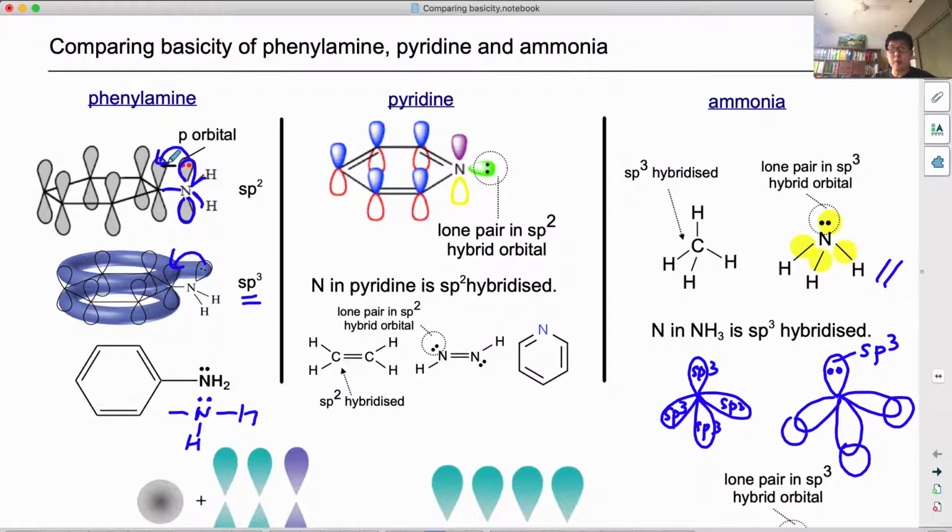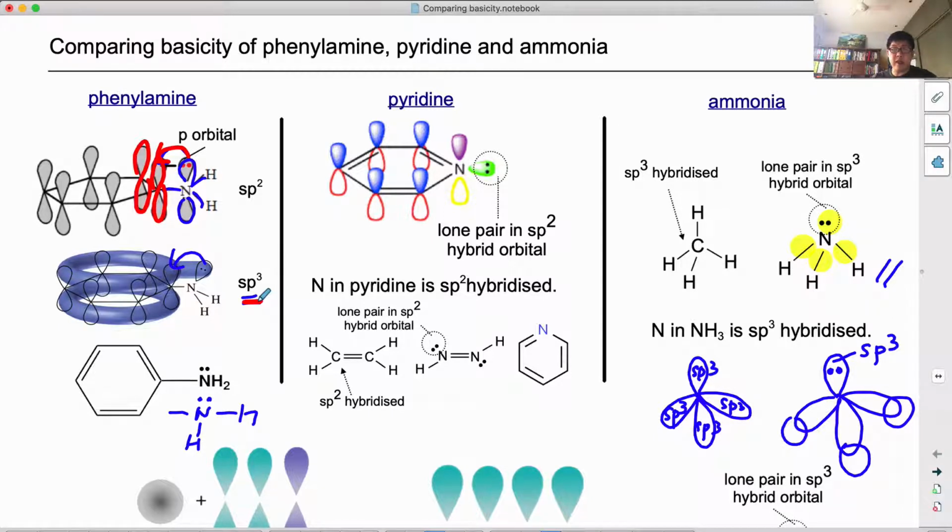If the lone pair is in a p orbital, it is parallel with all the p orbitals of the benzene ring, so it's definitely easier to delocalize. Different books say different things: some say the nitrogen in phenylamine is sp3 hybridized, and some say sp2 hybridized.